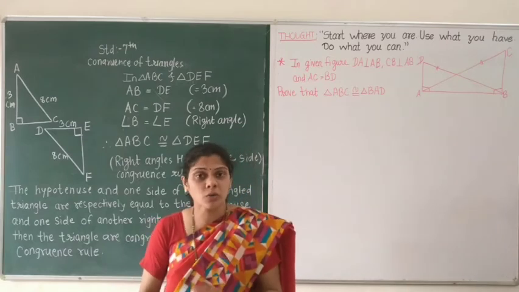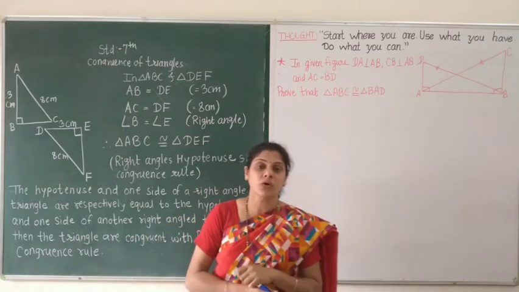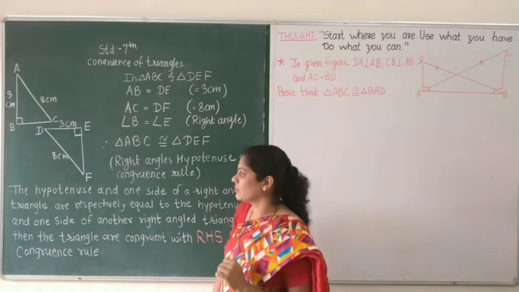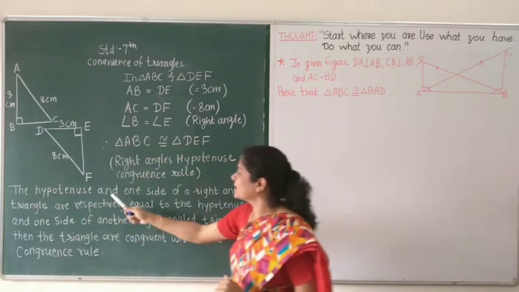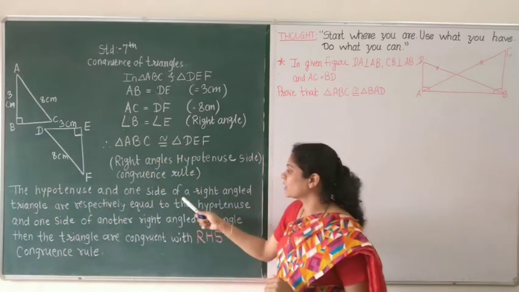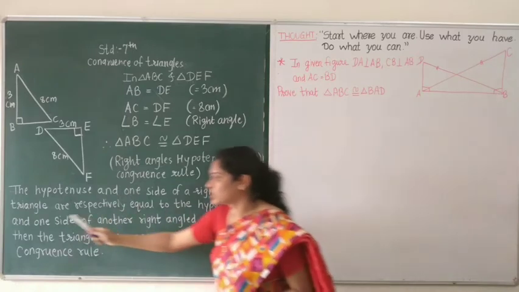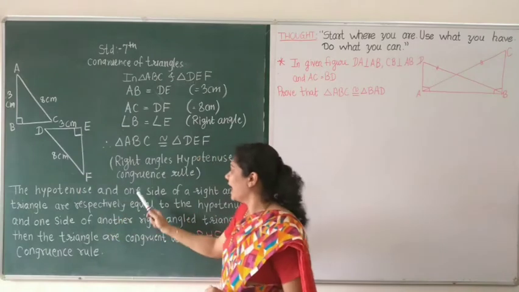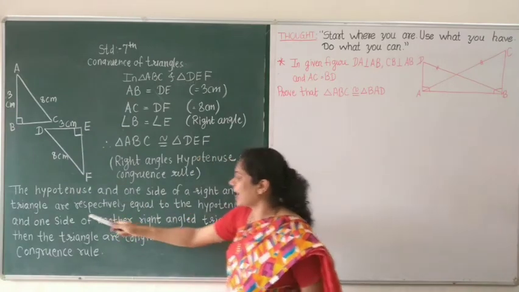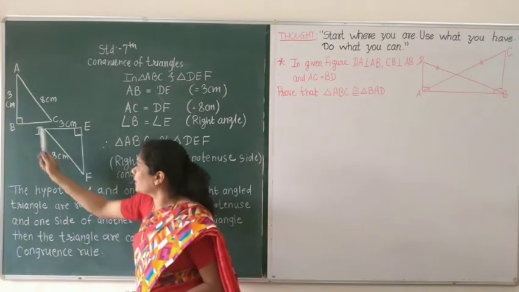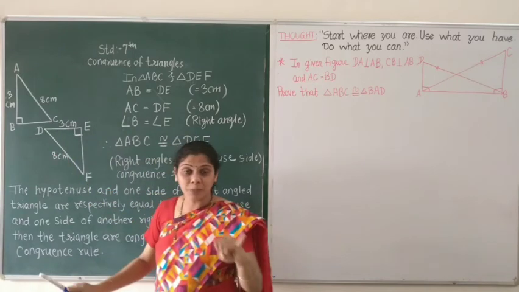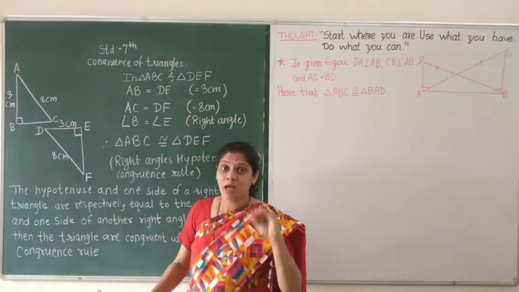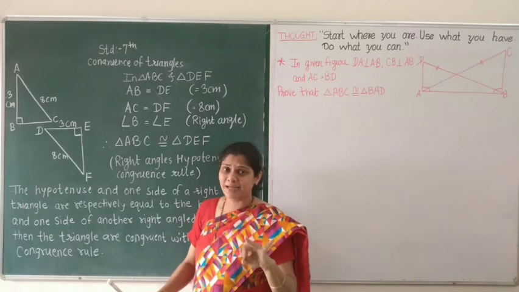So what is the definition of the RHS congruence rule? Here we will read. The hypotenuse and one side of a right angle triangle, hypotenuse, here AC and DF, and one side of a right triangle, that means AB and DE. The hypotenuse is necessary and one side is necessary.